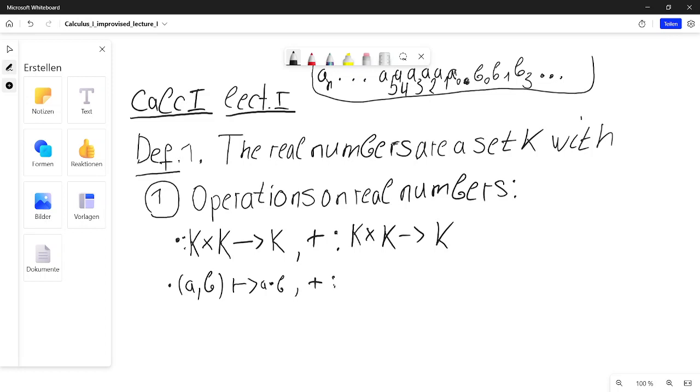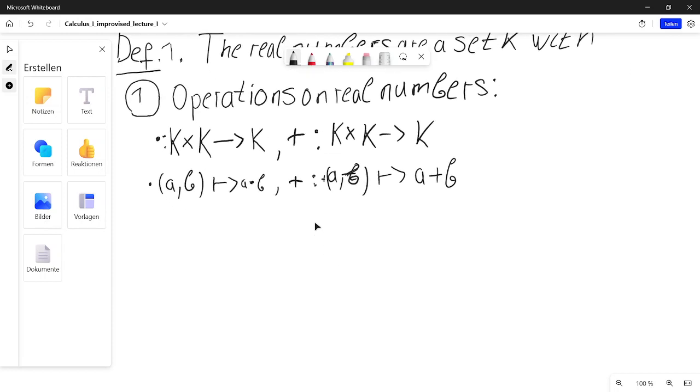And for now, it's just maps. It could be for now any such maps that go from there to there. So it's not really a definition of how those maps act. It's more like just an introduction of notation. Those maps are now only required to have this domain and this target set. All right.